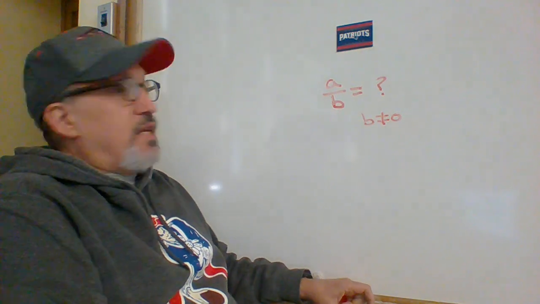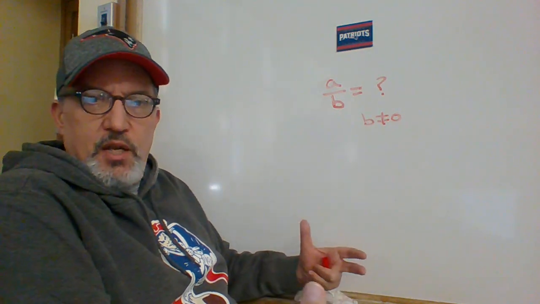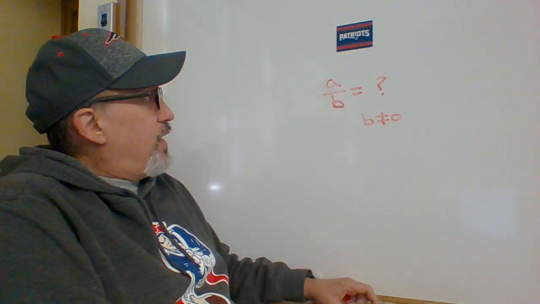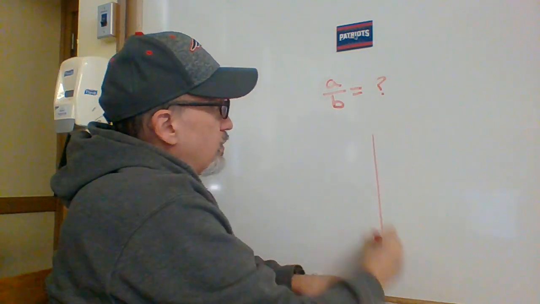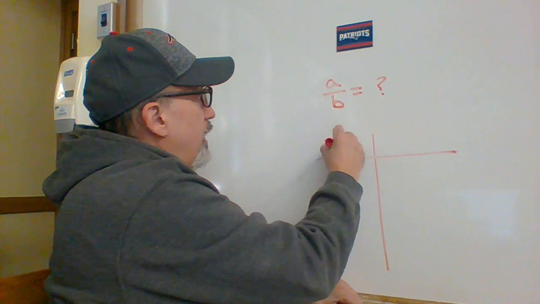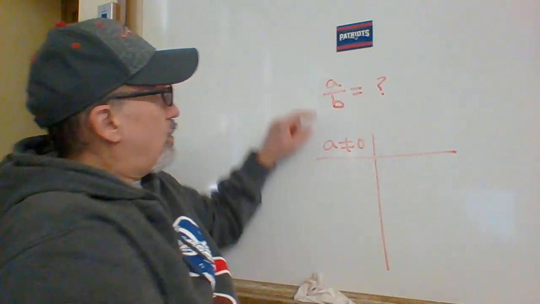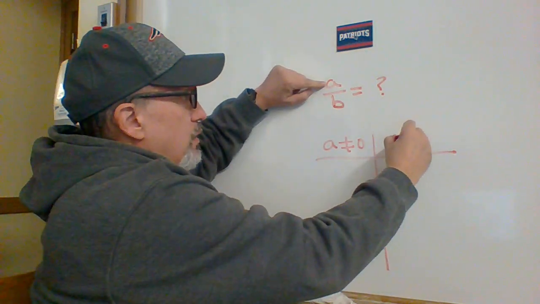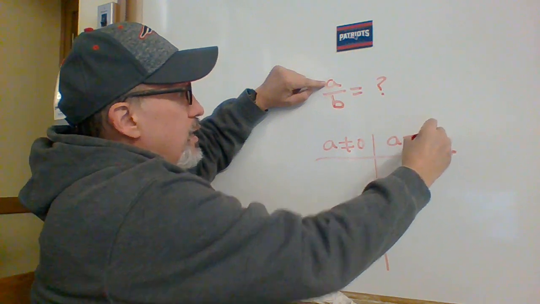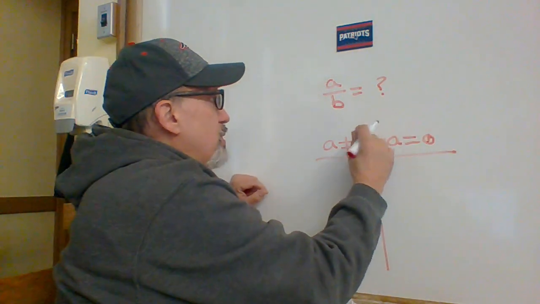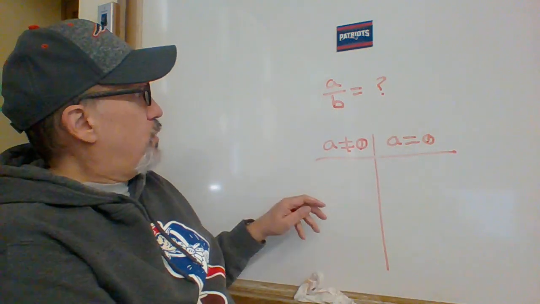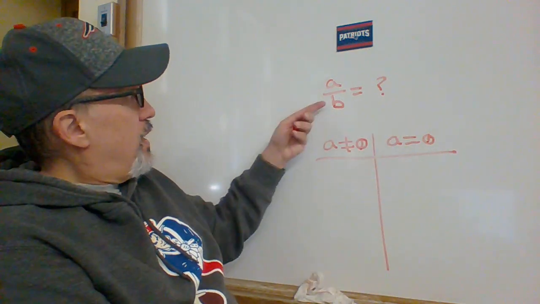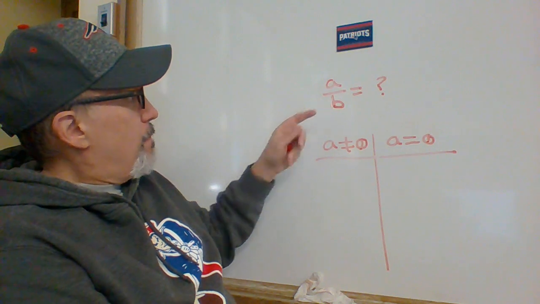We can simply say B cannot be 0. That's the rule, but here we're trying to explore why that's true. Well, we need to consider two cases. One case where A does not equal 0, and another case where A does equal 0. Now, in a fraction A over B, the A can be 0. We're considering the two cases because they are different. It's the B that can't be 0.